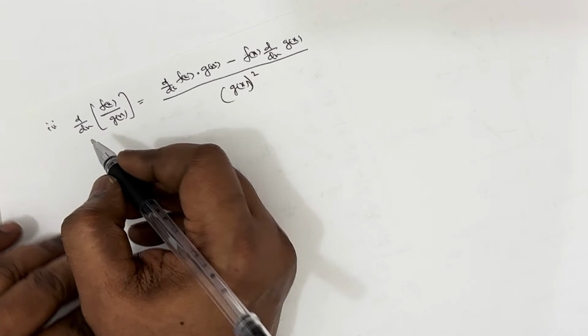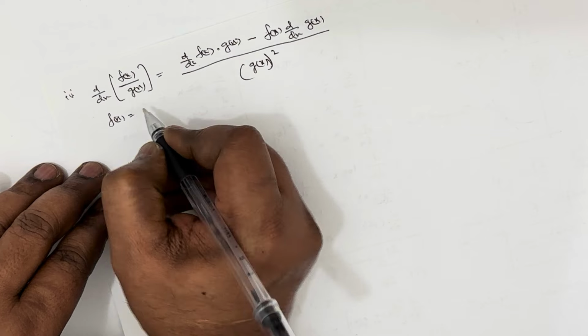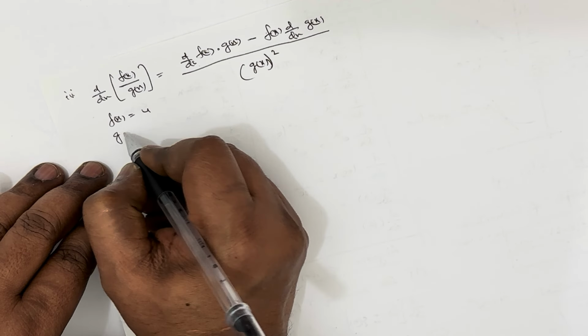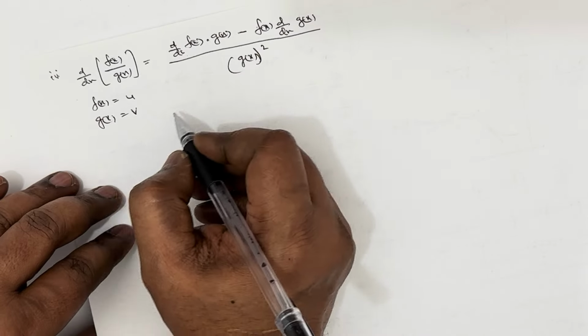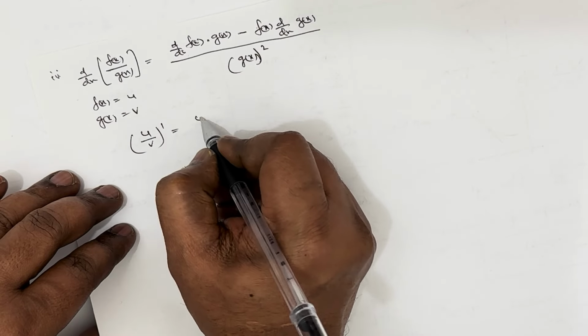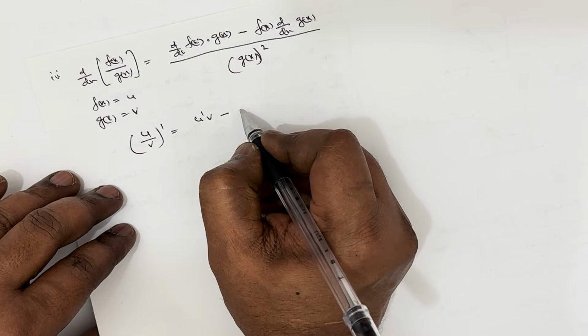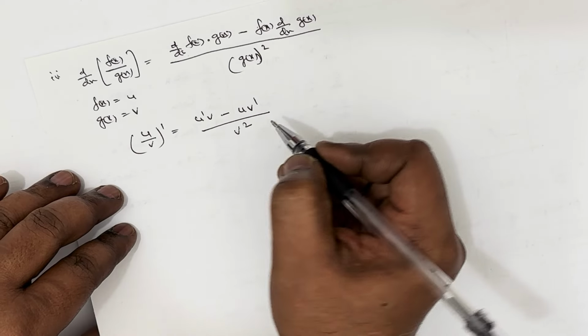This also can be written using u and v. If we assume f of x is u and g of x is equal to v, then we can write u by v whole dash equal to u dash v minus u v dash upon v square.